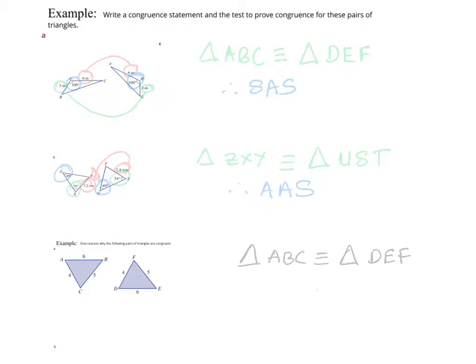From D to E was 6 in the second one. Now, as long as the order is the same in the first and the second one, it should be all okay. The last bit we need to do is state what rule we've used. So what rule did we actually use here? Give reason. So all the sides, all the corresponding sides are equal. So it is side, side, side. That's enough information to answer that question.